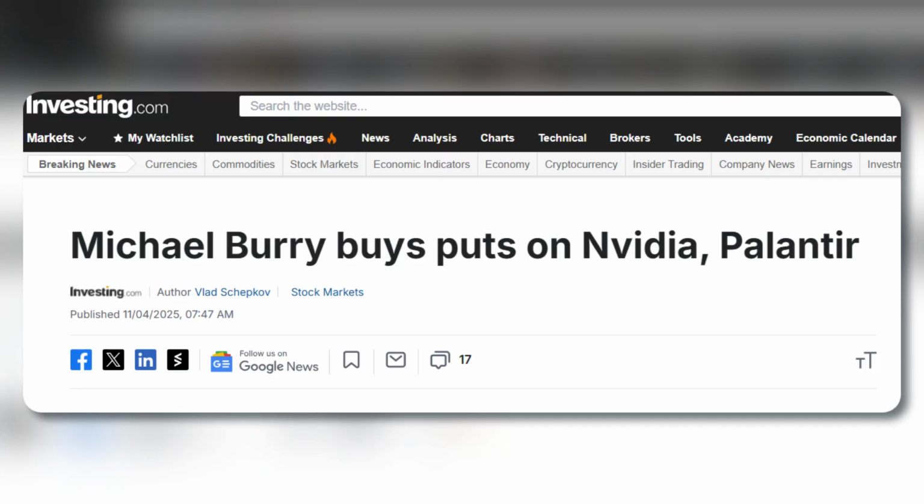In the last week, news has broken that Michael Burry has taken out massive put options on Nvidia and Palantir. So he's basically got a very bearish strategy here. This is probably more of a speculative trade than hedging long bets that he holds in his portfolio.